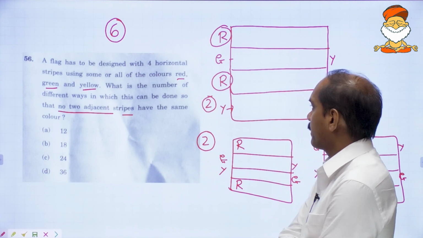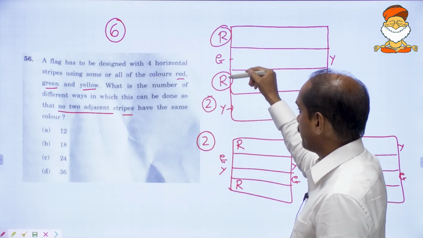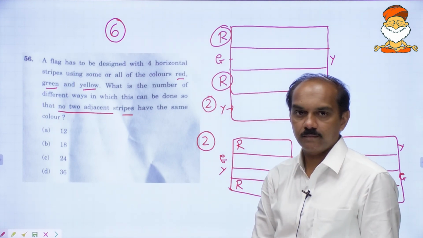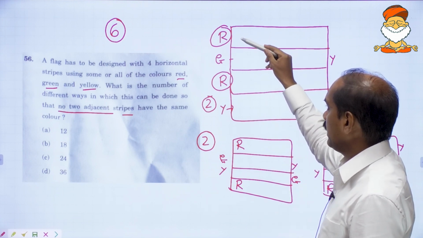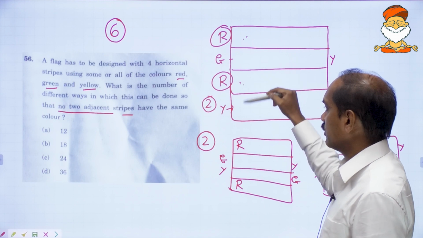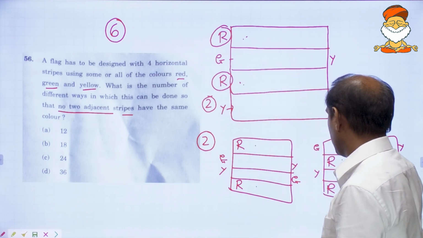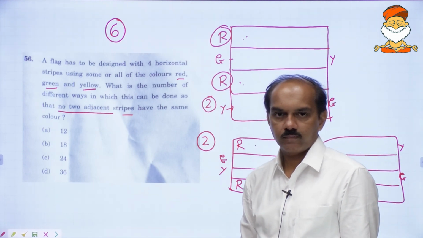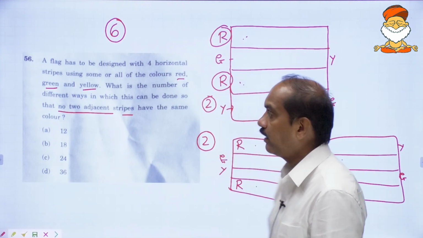Now, wherever you are placing, we were concentrating on red. Now you concentrate on green. Green, green. Remaining 2 adjust here. Whatever we have done with red, do the same thing with green.